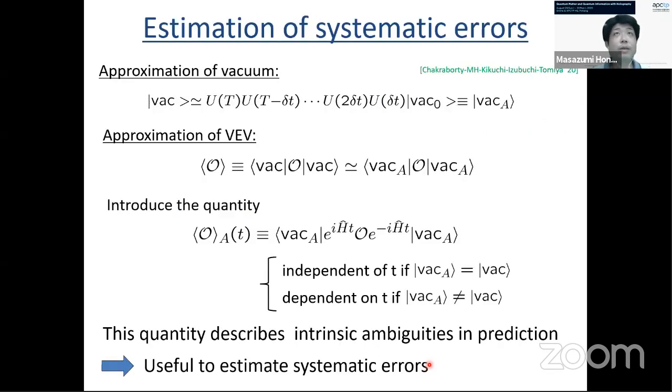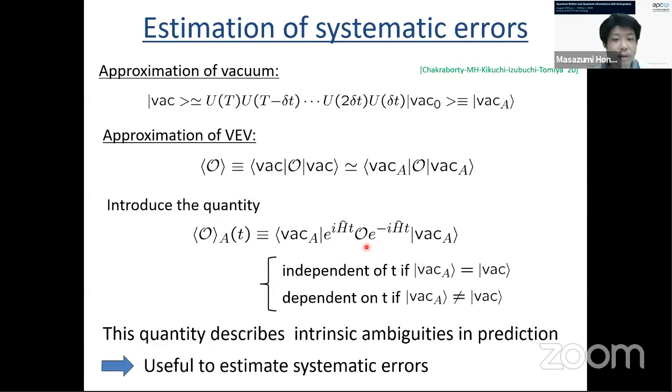And before going to the actual simulation result, I have to explain how to estimate the systematic error. Here we have an approximation of the vacuum by our algorithm. Let us denote it by vacuum A. Then we approximate the VEV by using the expectation value of the operator under our approximated vacuum. And now let us introduce a quantity to get the systematic error, this quantity.